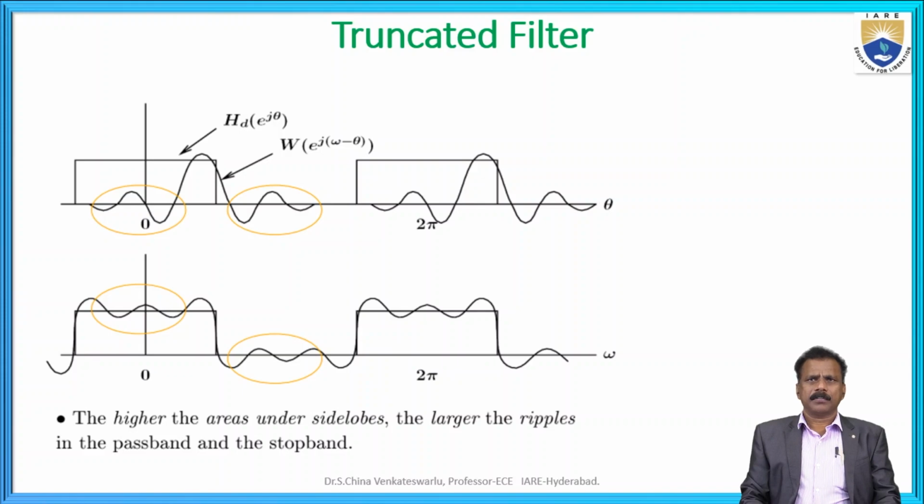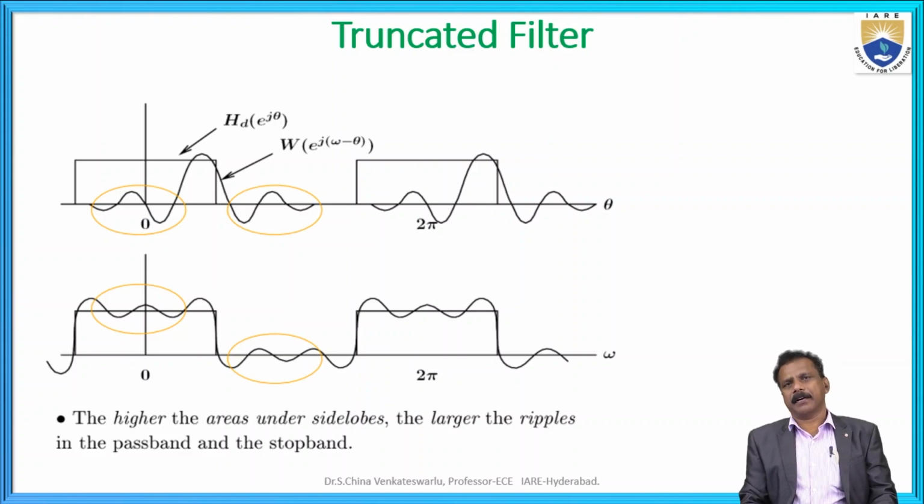Now observe the truncated filter, using H of e power j omega, S_D of e power j omega and W of e power j omega. The higher the area under the side lobes, the larger the ripple in the passband and stop band. Like this, the truncated filter is analyzed graphically.